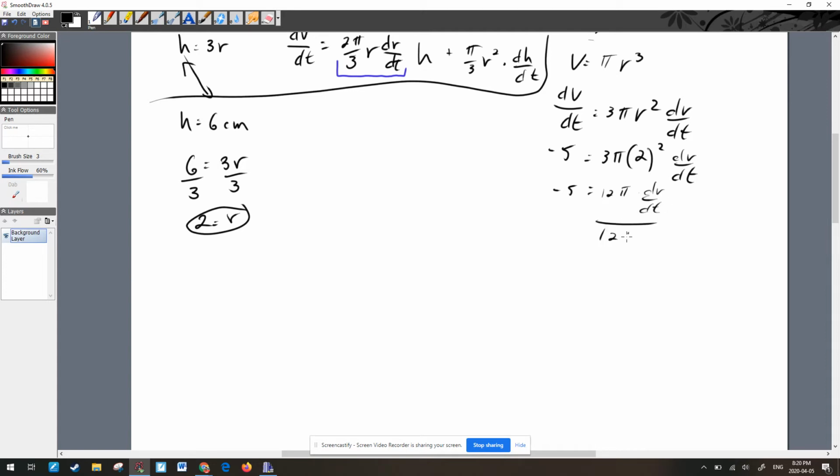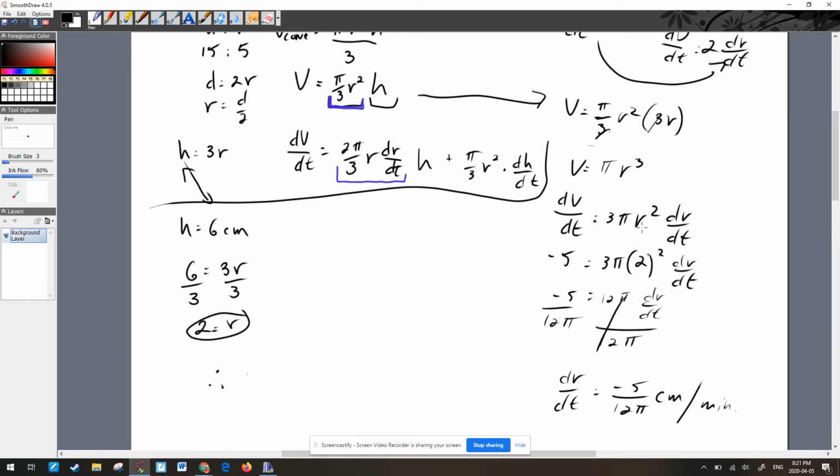Divide both sides by 12 pi, those go away, and then dr by dt is equal to negative 5 over 12 pi, and that was centimeters per minute. We need a proper concluding statement, but we're not quite done yet, because this is the rate of change of the radius, and we need the rate of change of the diameter. So we're going to reach back up to that other expression that we had.